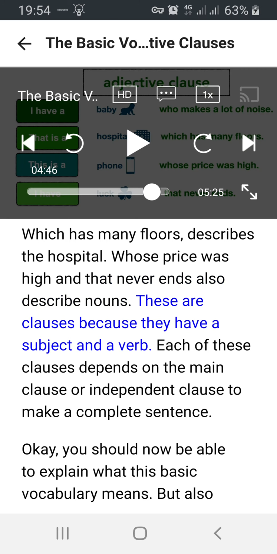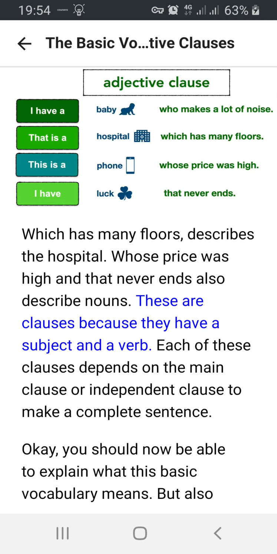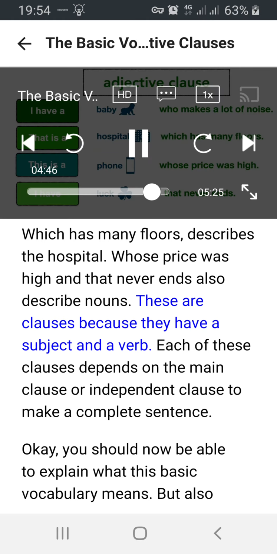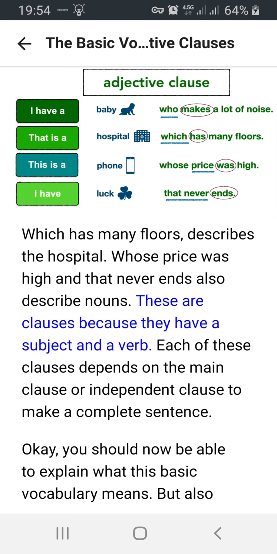These are clauses because they have a subject and a verb. Each of these clauses depends on the main clause or independent clause to make a complete sentence.